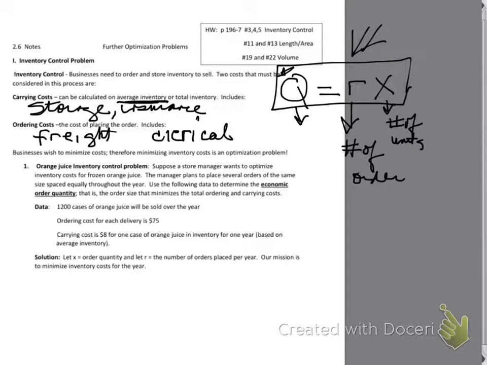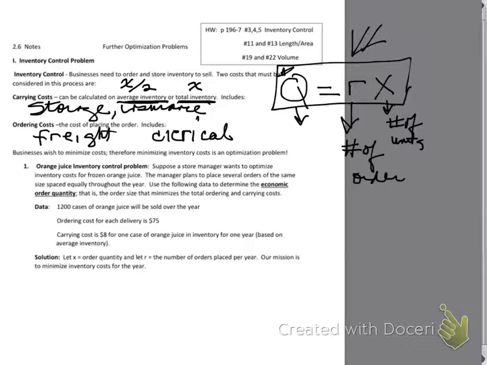If you are calculating your carrying costs based on your average inventory, then you take whatever was in your order and divide by 2. If instead you are calculating your carrying costs based on the total inventory, you multiply by what you ordered, the X. So that's going to come into play as we explain the first problem.